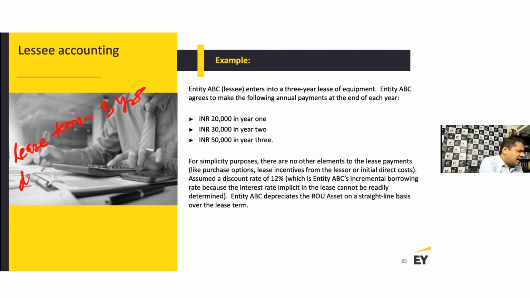I've got the discount rate, 12%. Okay, and then I've got the lease payments detail, which is what I have here. Now I follow a straight line method.